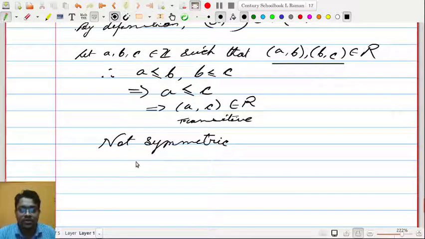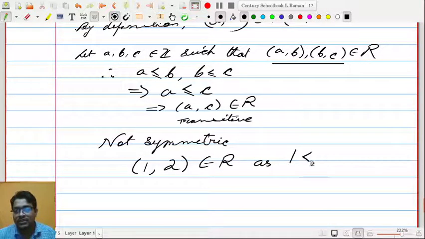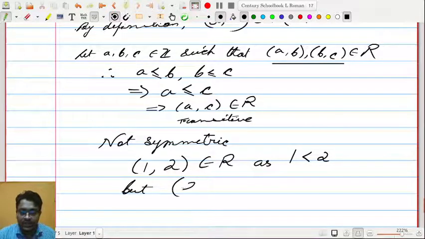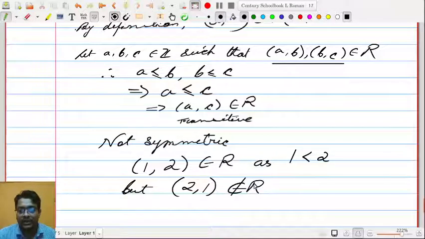It's very easy to find. (1, 2) belongs to R, as 1 is less than 2. But we cannot say that (2, 1) belongs to R, because 2 is not less than or equal to 1, right? So the element (1, 2) belongs to R, but (2, 1) doesn't belong to R.